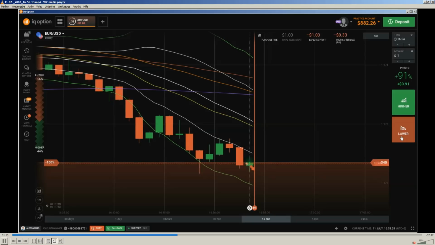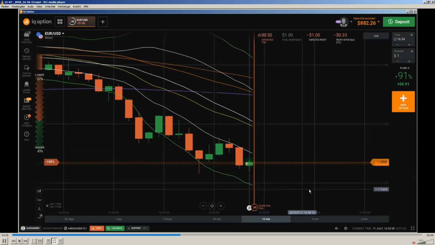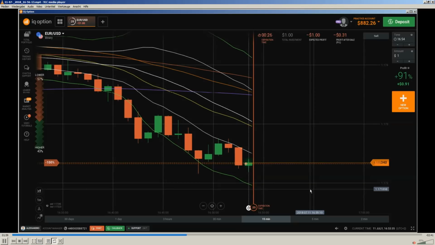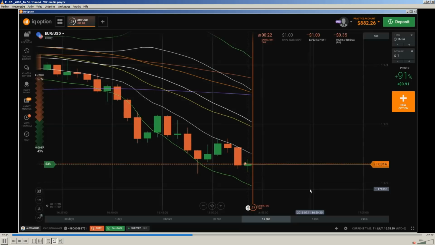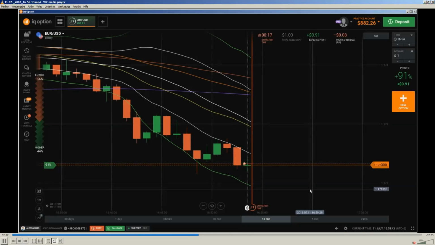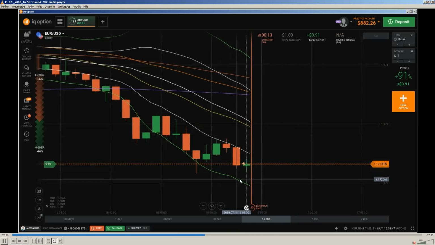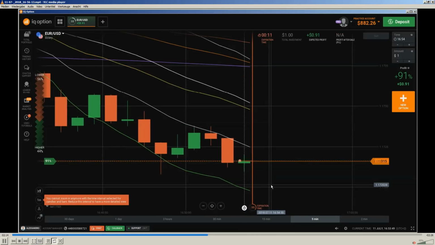I have explained this already a few times. Try in a downtrend to get above the previous candle closing price, and in an uptrend try to get below the previous candle closing price, to get a little bit more margin of safety in case a doji happens, because it can happen at any time.